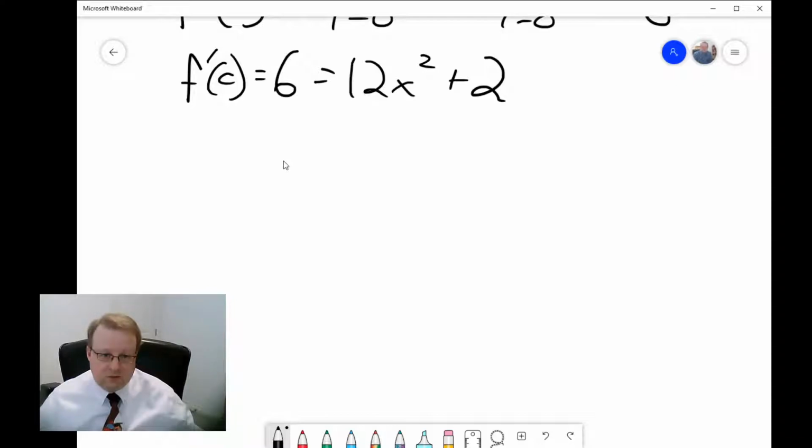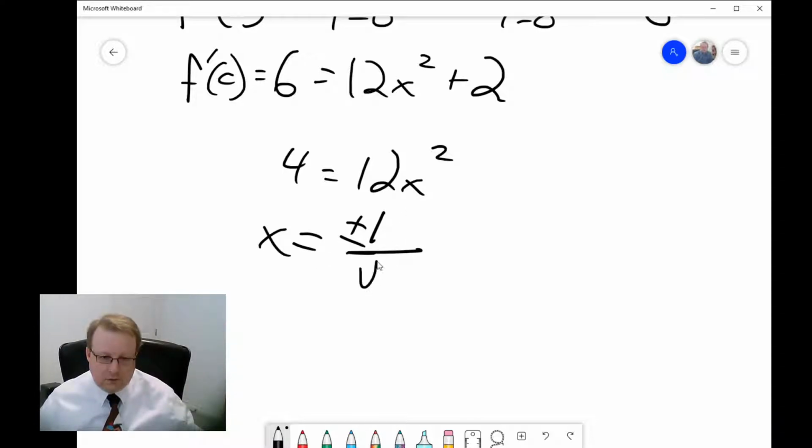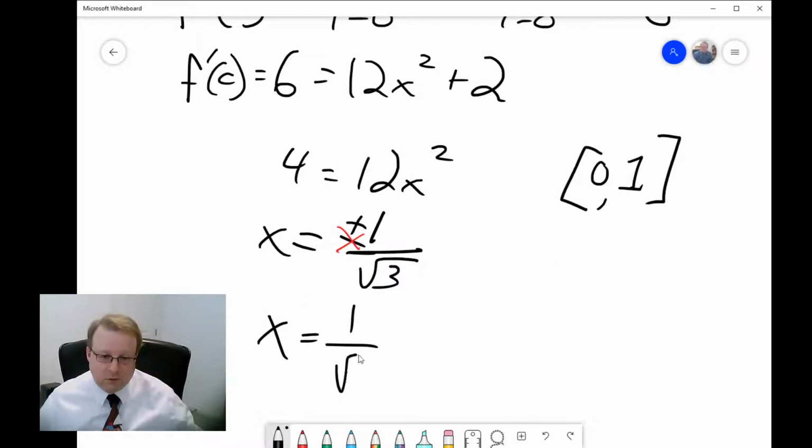So then, subtracting that, we've got 4 equals 12x squared, or x equals plus or minus 1 over the square root of 3. Now we can reject the negative root, because we are exclusively concerned with the interval from 0 to 1. So the x we are looking for is 1 over root 3.